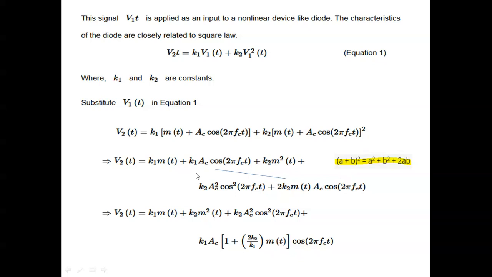So K1 m of t plus K2 m square of t; this is the a square, this is the b square, and this is the 2ab, like that. Then K1 Ac plus 2 K2 m of t cos 2 pi fct.